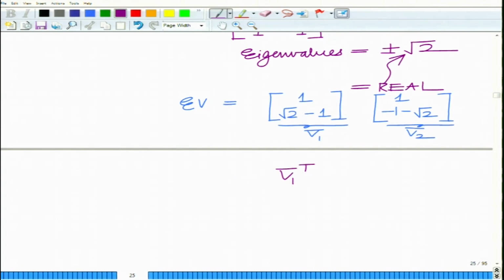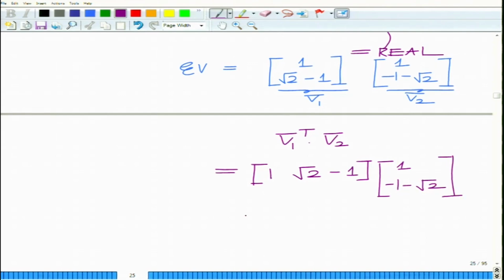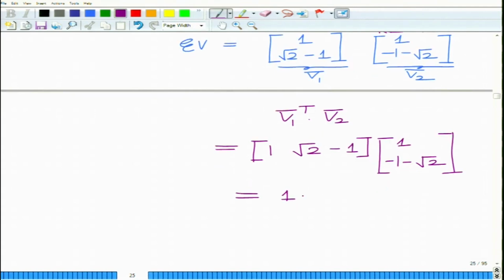V1 bar transpose V2 bar gives 1 plus root 2 minus 1 times 1 minus 1 minus root 2, which is 1 minus 2 plus 1, that is 0.